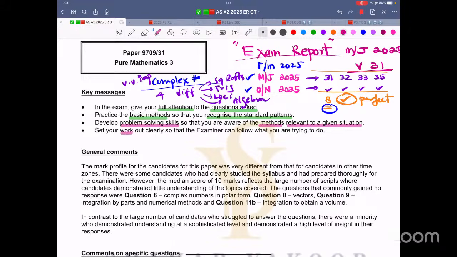Set your work out clearly so that the examiner can follow what you are trying to do. Now this examiner, or a group of examiners, are very, very particular. They are very precise in what they are writing. They want clear, logical working.